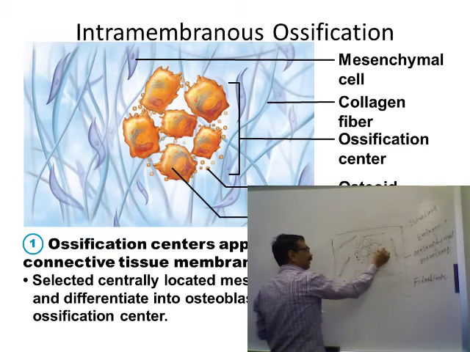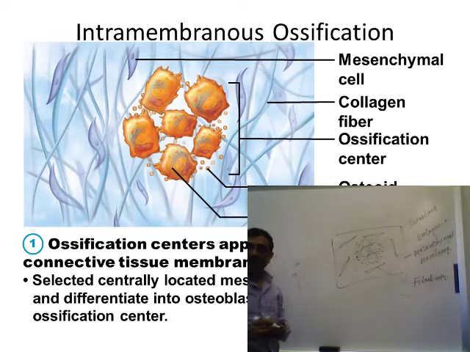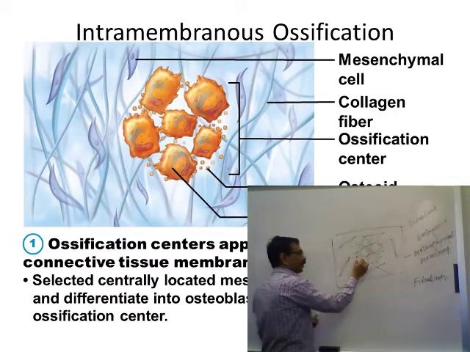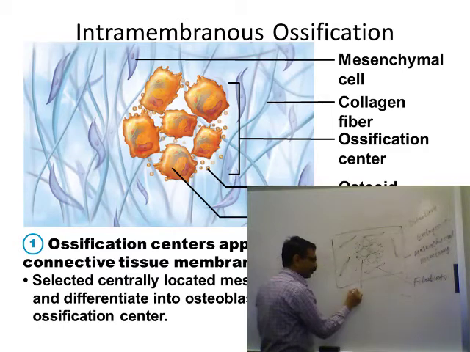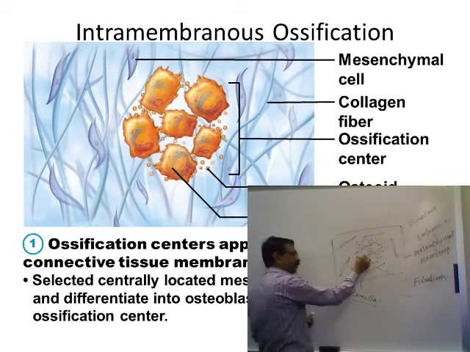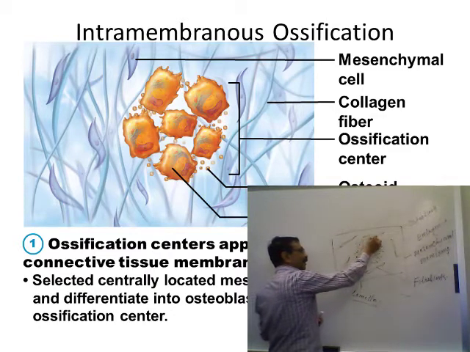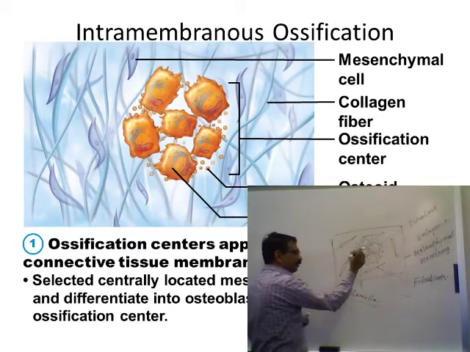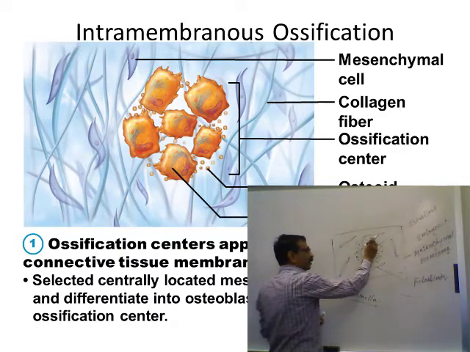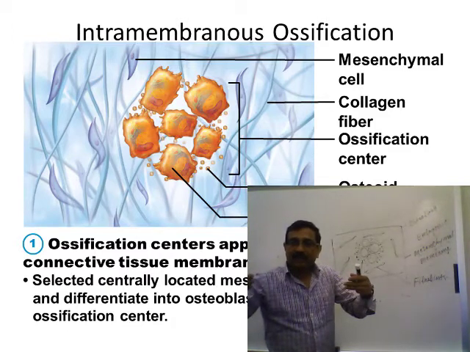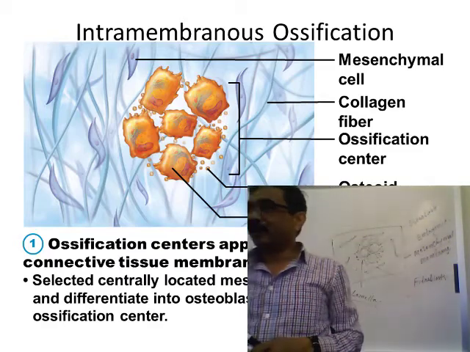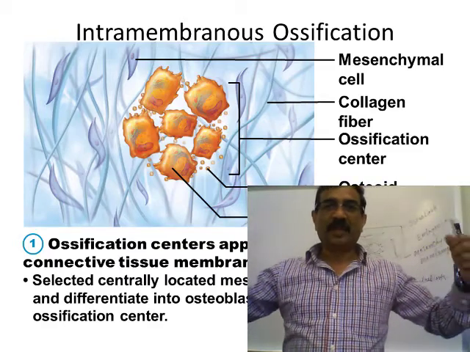Okay. And then next what happens, you see, the matrix turns hard. After secretion, the matrix becomes hard matrix, and that is called the lamella. We already know lamella is the hard matrix of the bone. And as the matrix gets harder, the osteoblasts get older. Make sense? Osteoblasts gradually get what? Older. Now, you tell me, young people are healthy, right?